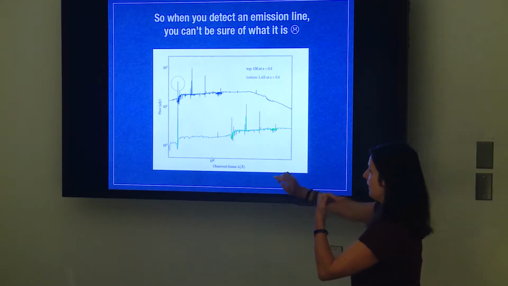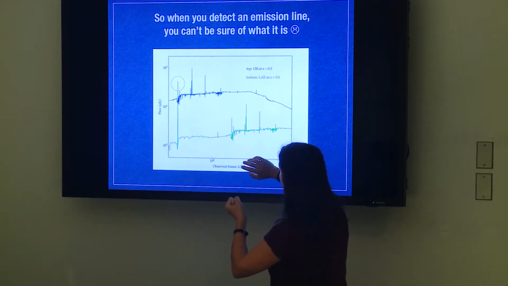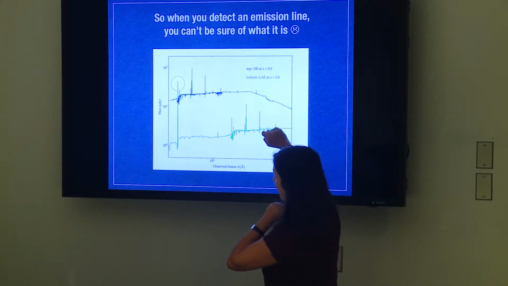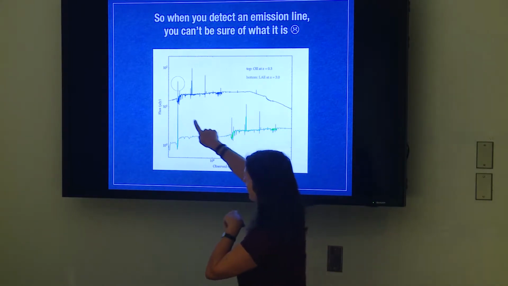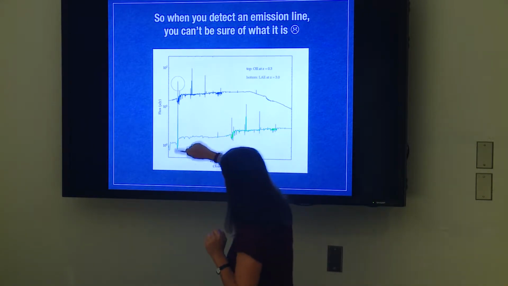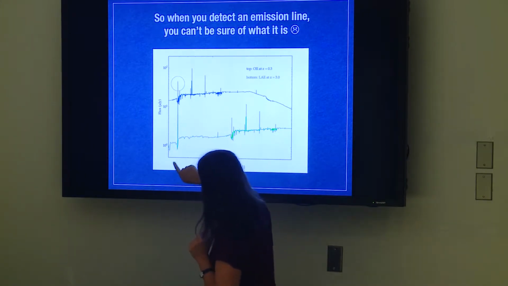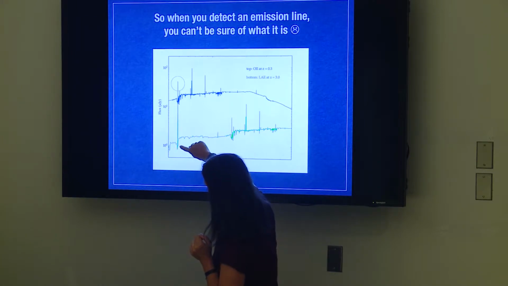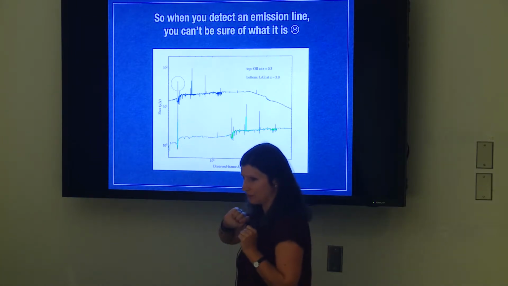What is happening here is that in the top spectrum, say this is our detection of an emission line in the spectrograph. It is observed at a wavelength just below 5,000 angstrom.